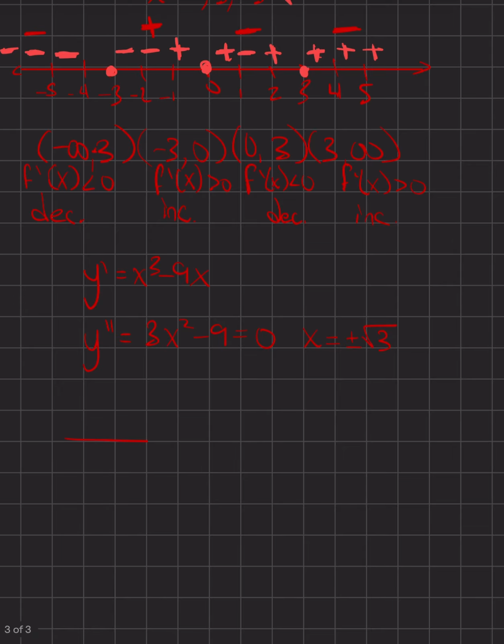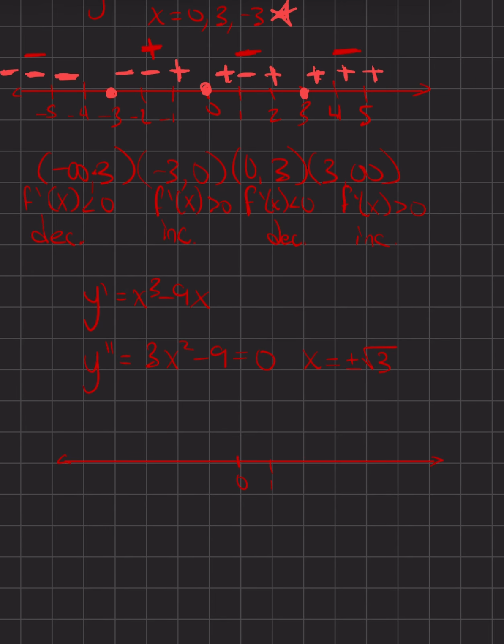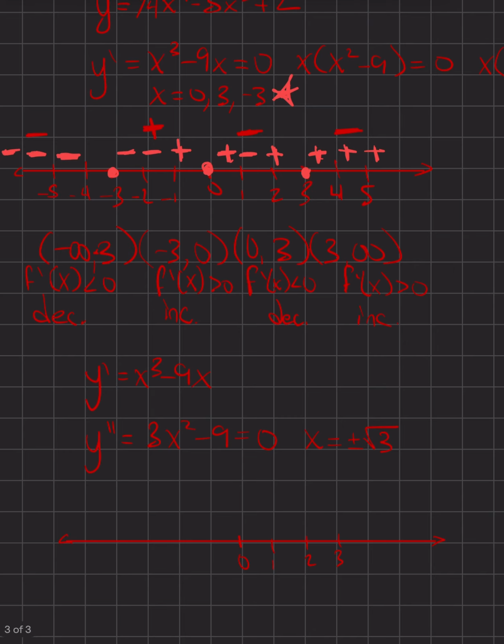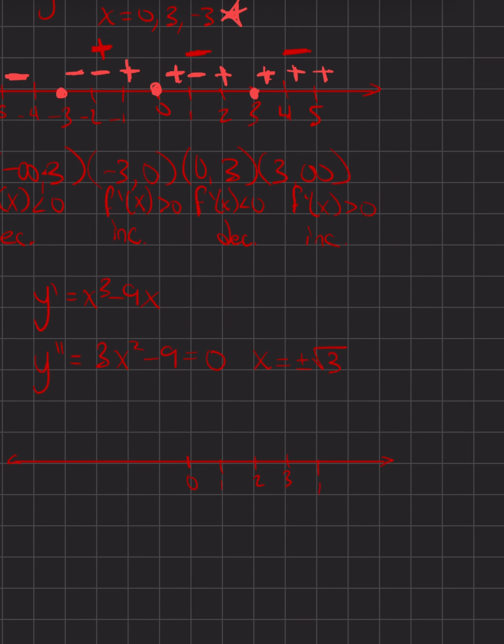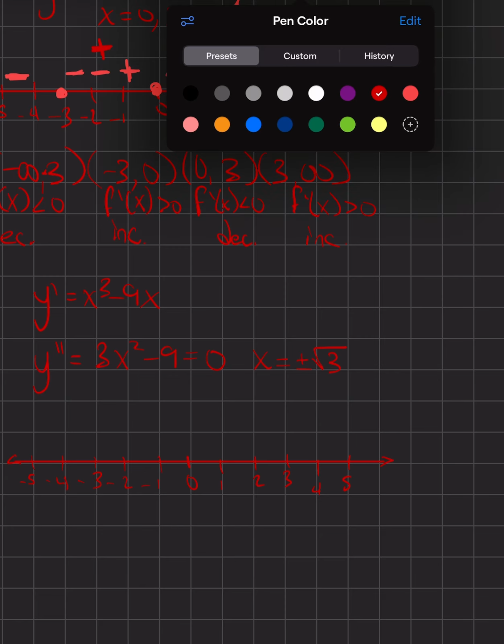And like how we did before, we're going to plot this on a number line. Put 0 here. 1, 2, 3, 4, 5. 1, 2, 3, 4, 5. And then root 3, it's about 1.6-ish.